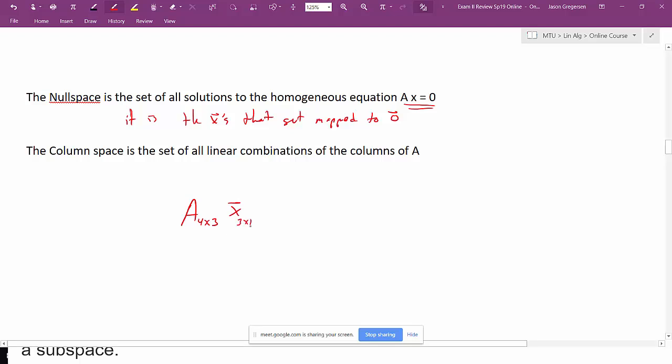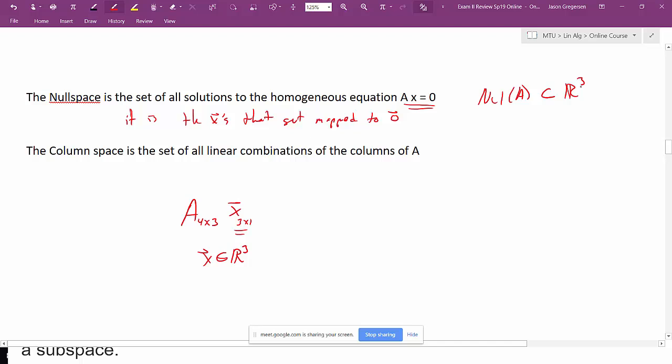But that first value has to be 3, just so I can do the multiplication, which means this x lives in R3. So if the null space is a subset of the x's, the null space must be a subspace that lives in R3. I can tell right from the dimensions of the matrix A that the null space of A is a subset of R3.